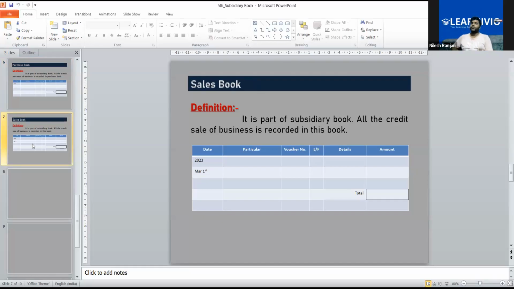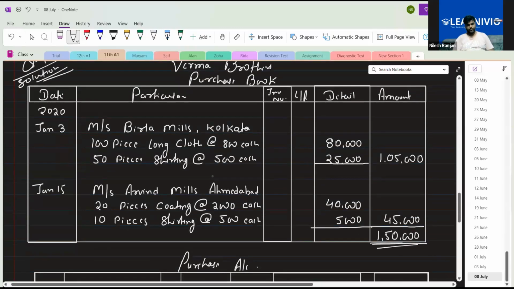So date, particular, voucher number, LF, detail, amount. Same thing. There is no change. And when we are creating the sales book from all the information given here, the transactions will be recorded in the same manner as the purchase book.